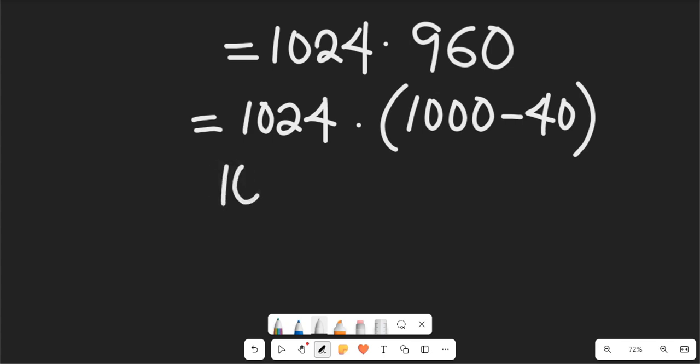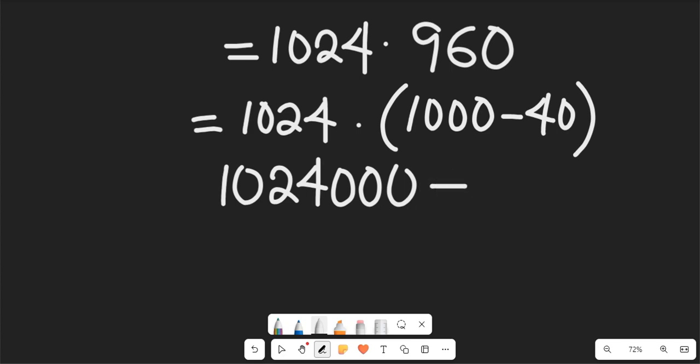That makes simplification, multiplication easy. This will be 0, 0, and what? 0. So what next? This multiplied by 40 will now give me minus. This will give me 0. If I multiply this times this will give me 0, 0, 0, and what? 0. Then 4 times this will give me 16.